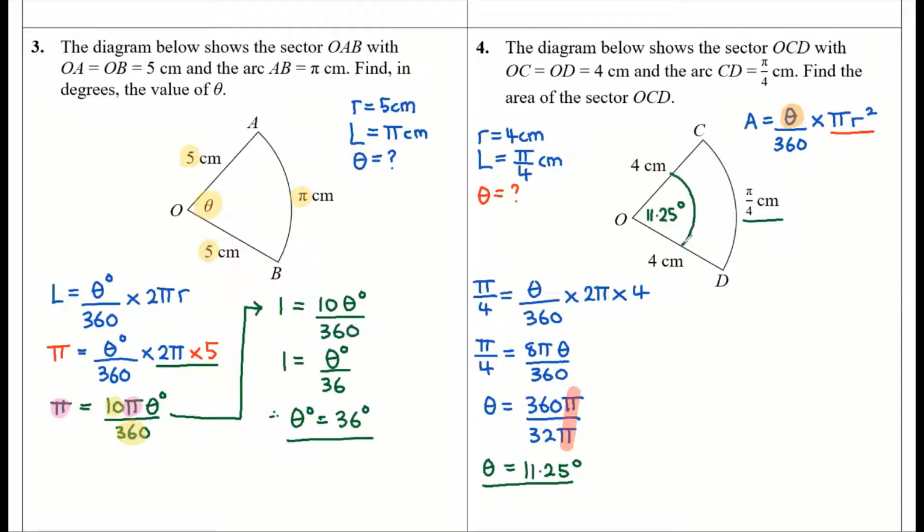So now we need to find the area of the sector. So I'll just partition the screen. Let's write it out. So the area is going to be theta, which is 11.25, I've just found that, divided by 360 and multiplied by pi r squared, which is pi multiplied by 4 squared.